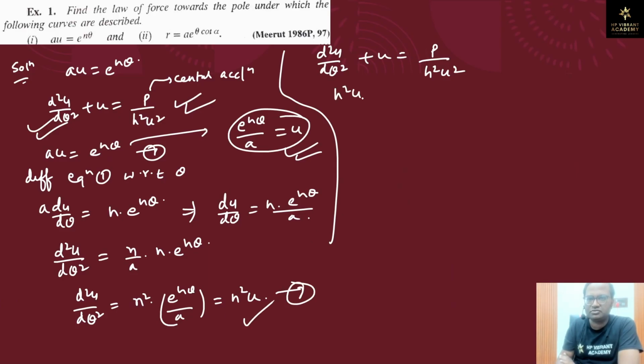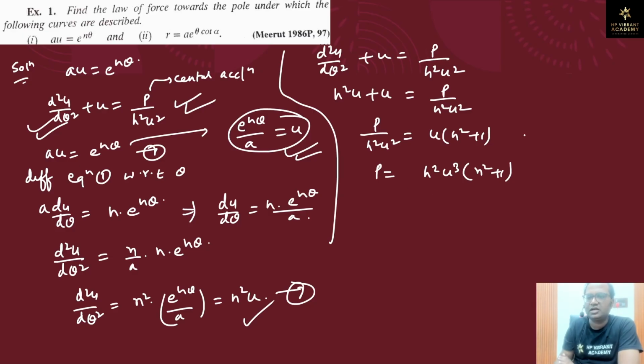So n square u plus u is equal to P upon h square u square. So P upon h square u square is equal to u into n square plus 1. So we have P is equal to h square u cube into n square plus 1, and u is equal to 1 upon r. So P is equal to h square into n square plus 1 upon r cube.